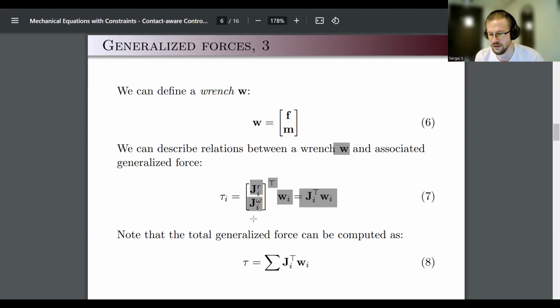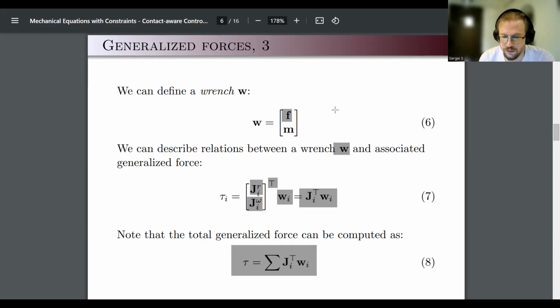So you could write it this way. And the total generalized force can be computed then as a sum of all individual ones, so the sum of all branches acting on the body, if you want. Notice that if you only have a force, you don't have a torque, you can still write it as a wrench, you just have a 0 here, and vice versa.